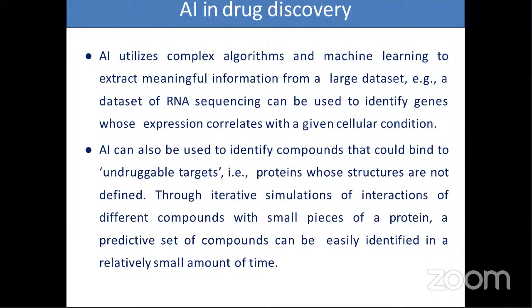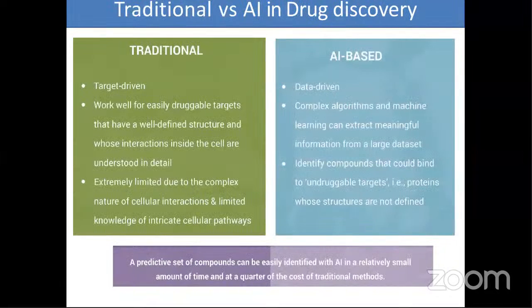But in the case of artificial intelligence, the undruggable targets can also be identified, and that can be used for the evolution process and for the estimation of drug interaction within a limited period of time. So this is one of the biggest helps of artificial intelligence.